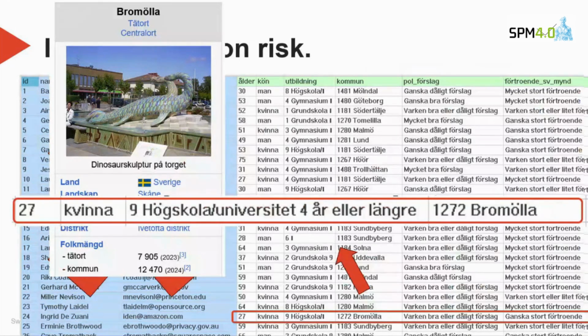So if we take this example here, it's in Swedish, but I'll read it out. So we have a 29-year-old woman with a master's degree living in the commune of Bromölla, which has in the center of the commune 8,000 people, or 12,000 in the greater council, and a really nice dinosaur too, I have to say they have.